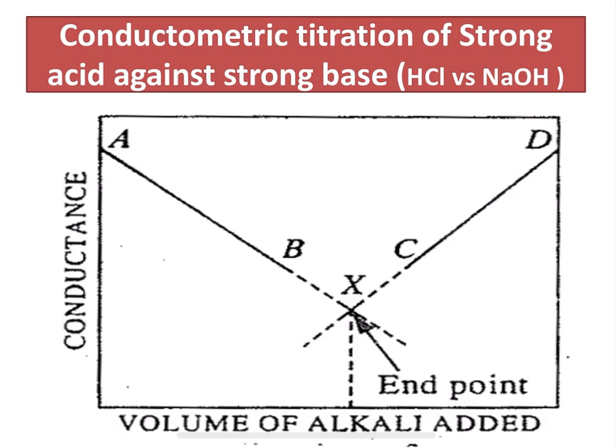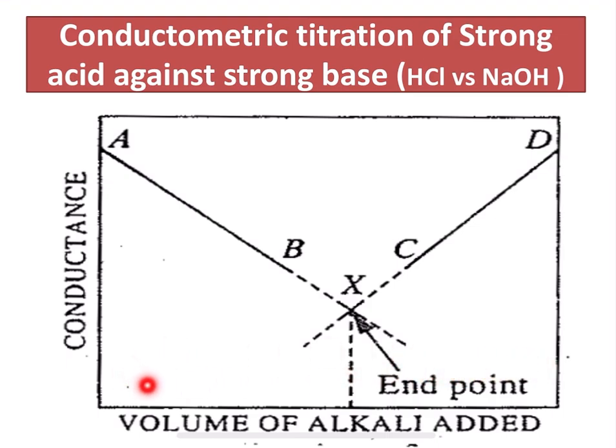Since hydrochloric acid is a strong electrolyte, definitely we are going to find a very high conductance, that is, the initial conductance will be very high. In this graph, let me call this 0, and on the x axis, the volume of alkali added, that is volume of NaOH added.